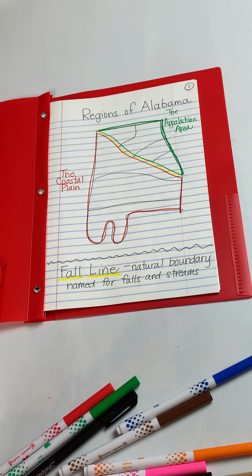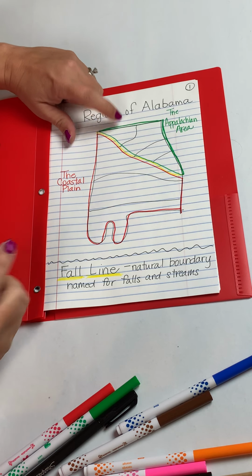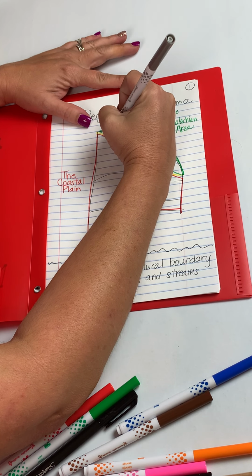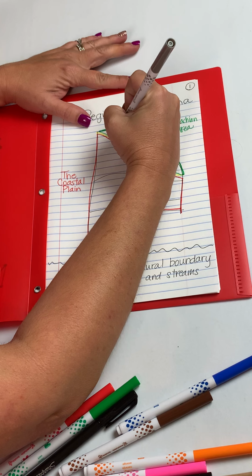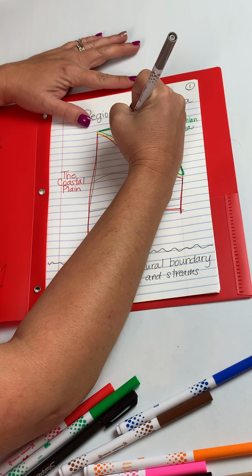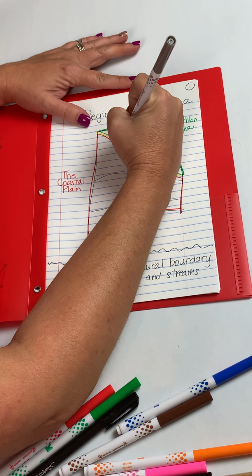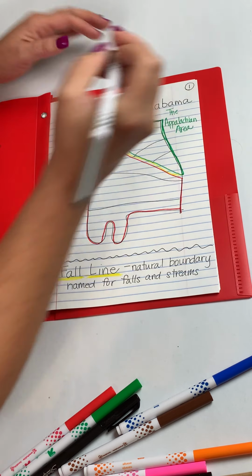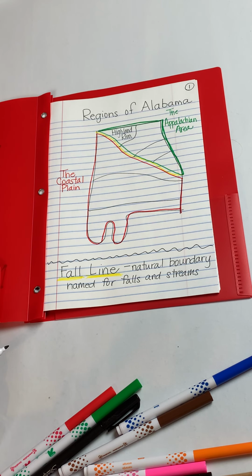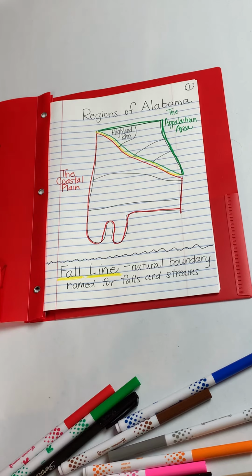And in our gray, we're going to start right here in this spot, and this is called the Highland Rim. And if you don't have enough room to write it with your marker, you can write it with a pencil, and you can underline the words with the colors like we did down here with Fall Line. All right, so Highland Rim.